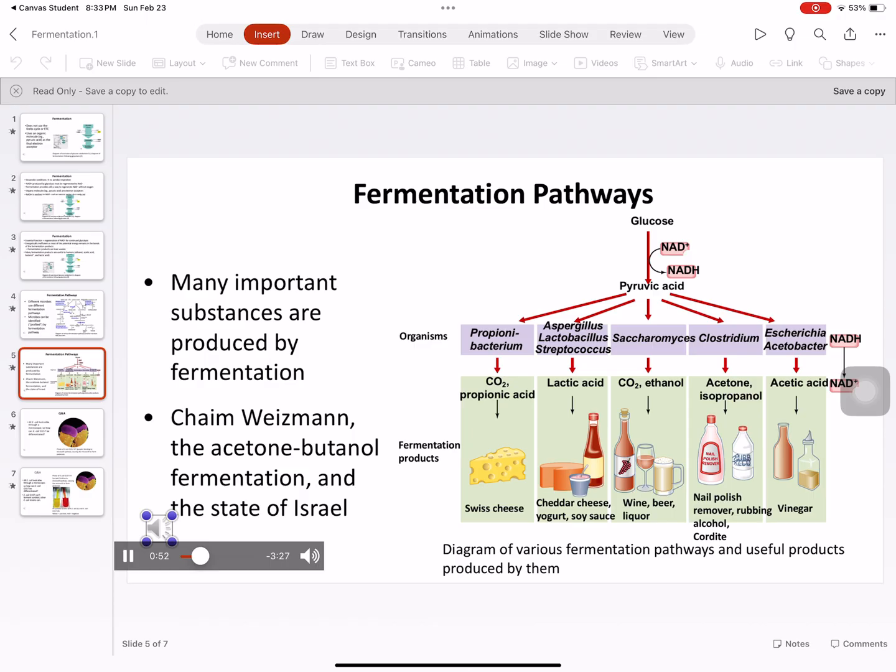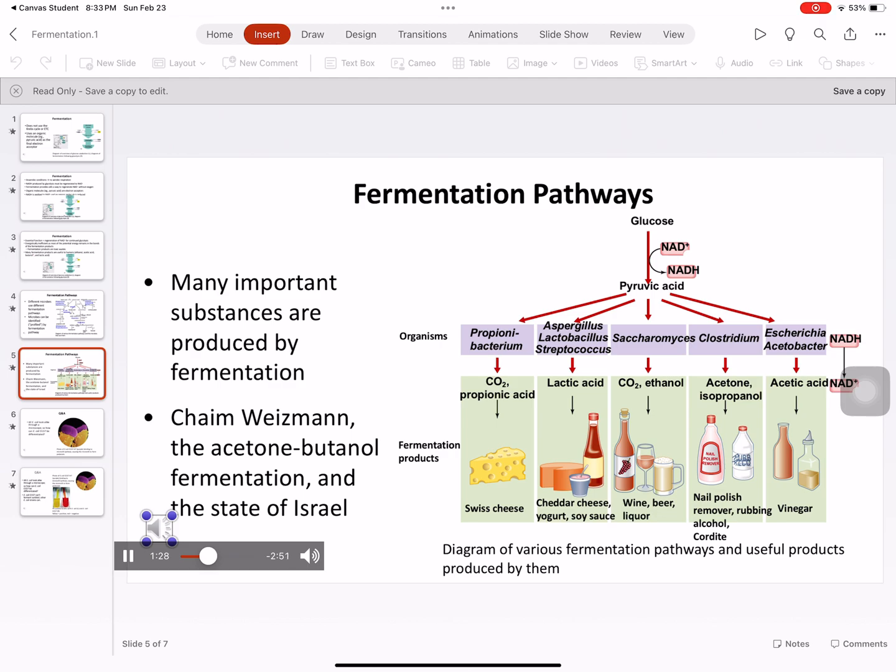Yet other bacteria, such as Lactobacillus and Streptococcus and Aspergillus, do a lactic acid fermentation and so produce such foodstuffs as cheddar cheese, yogurt, and soy sauce. Yet another microbe, the yeast, the fungus Saccharomyces, does the yeast alcoholic fermentation, which produces carbon dioxide and ethanol, which we find in wine, beer, and liquor.